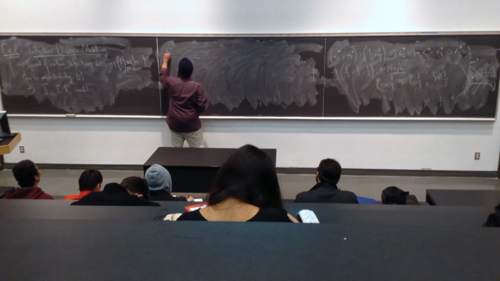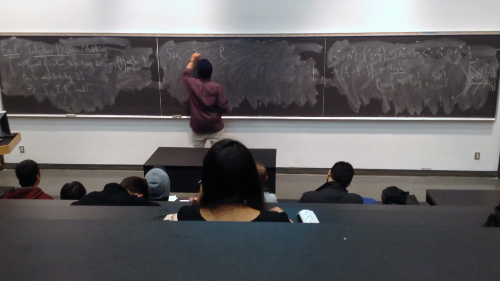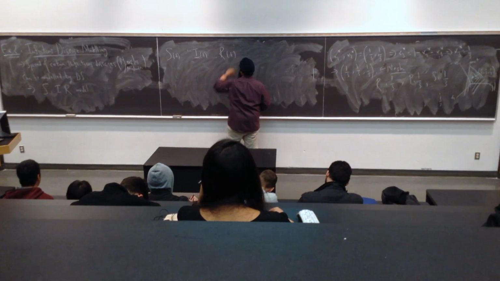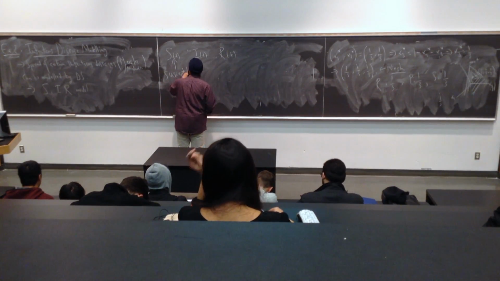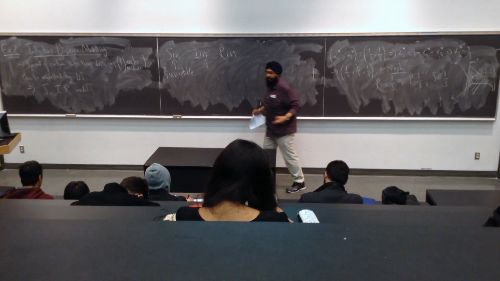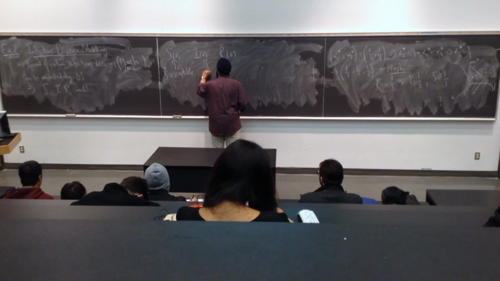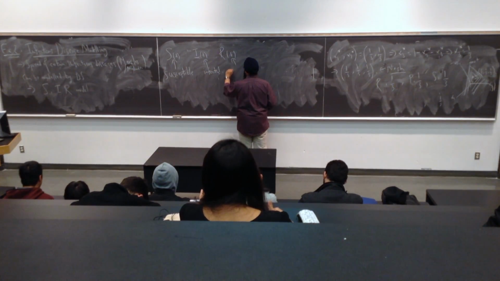So why is it called SIR? It's because these are functions of time. And what do they mean? S is the population that is susceptible to the disease. Then you have a fraction of the population that's been infected, and R is the fraction of the population that has recovered.